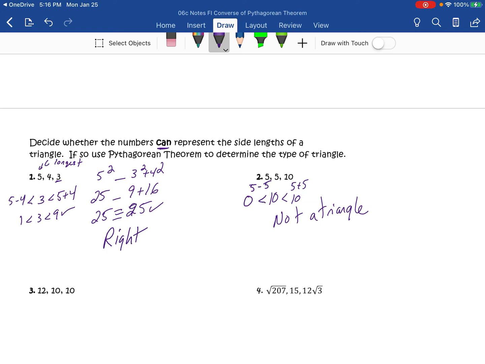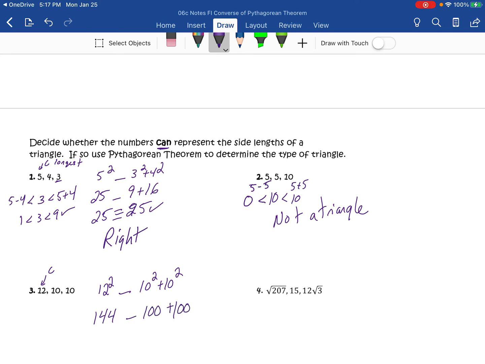The next one, and I'm actually going to fix this in post. So the next one, I would set this up. This would be my C. So is 12 squared equal to 10 squared plus 10 squared? 12 squared is 144.